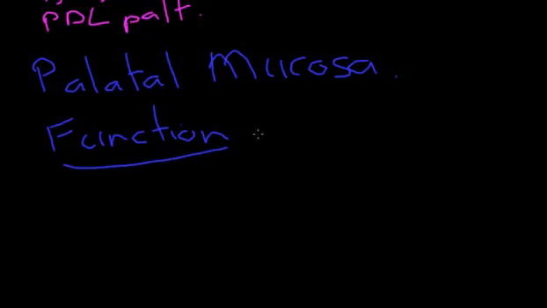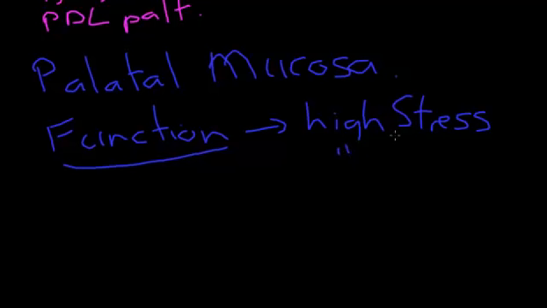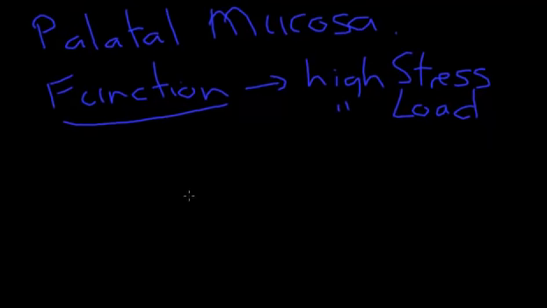So if we think about the palate, it's going to have a lot of high stress, high load activity. So that mucous membrane needs to be a form that can accommodate these stresses. And that means we see it as masticatory mucosa.